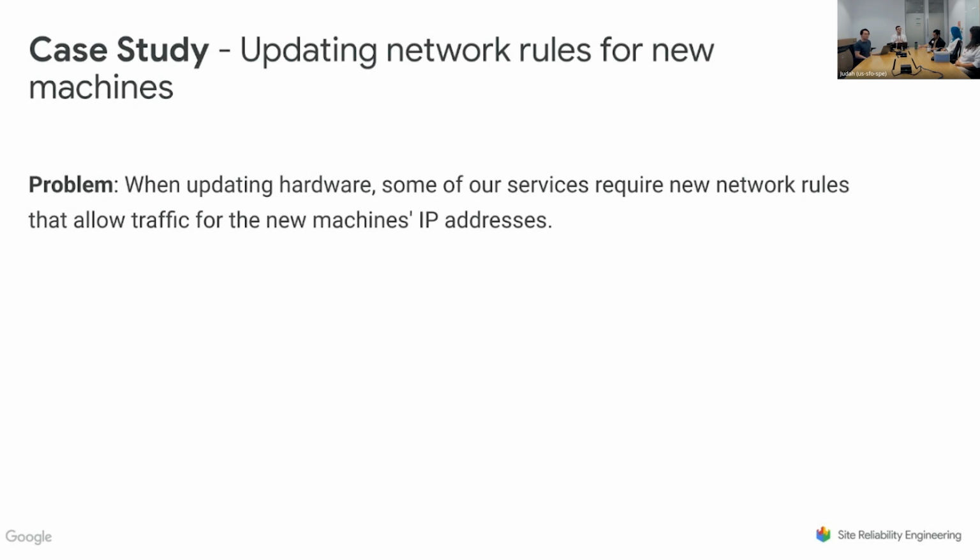And while a lot of hardware work is manual because you have to physically plug and unplug stuff, our team doesn't deal with that. So we wanted to remove this error-prone, toilsome task of having to go update an IP somewhere in some location every time we get a new machine.